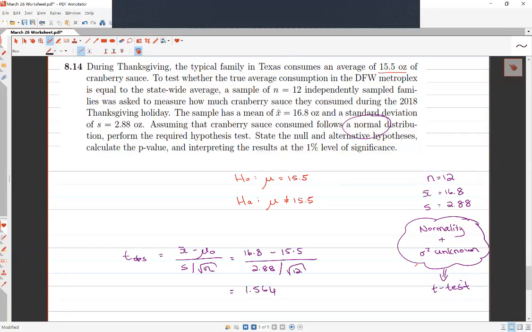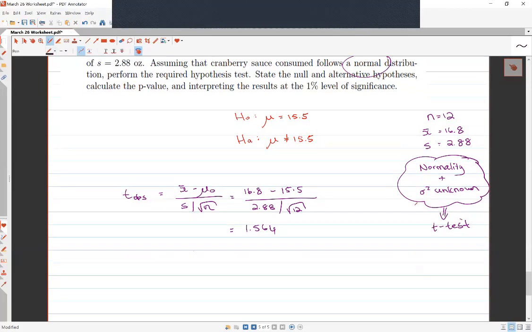For the p-value, because our alternative is two-sided, we want to determine both the area to the left of the negative of our t observed and the area to the right of the positive value.